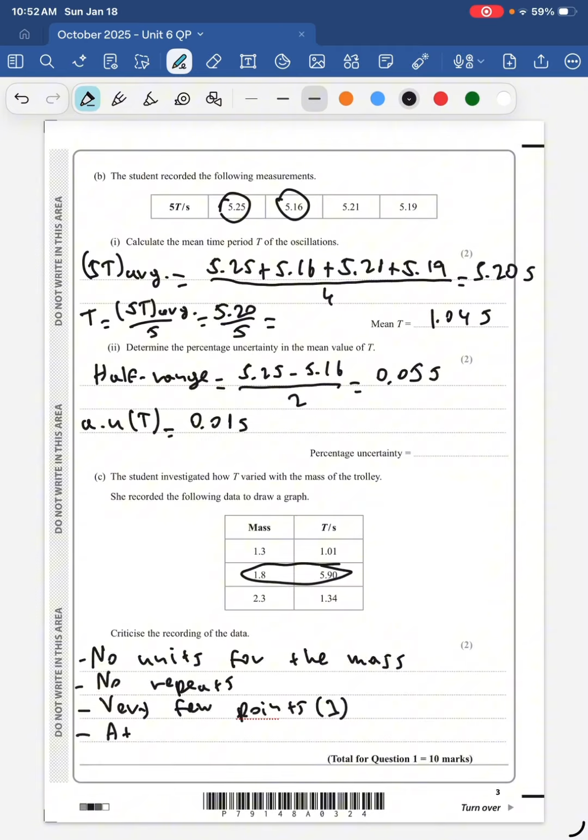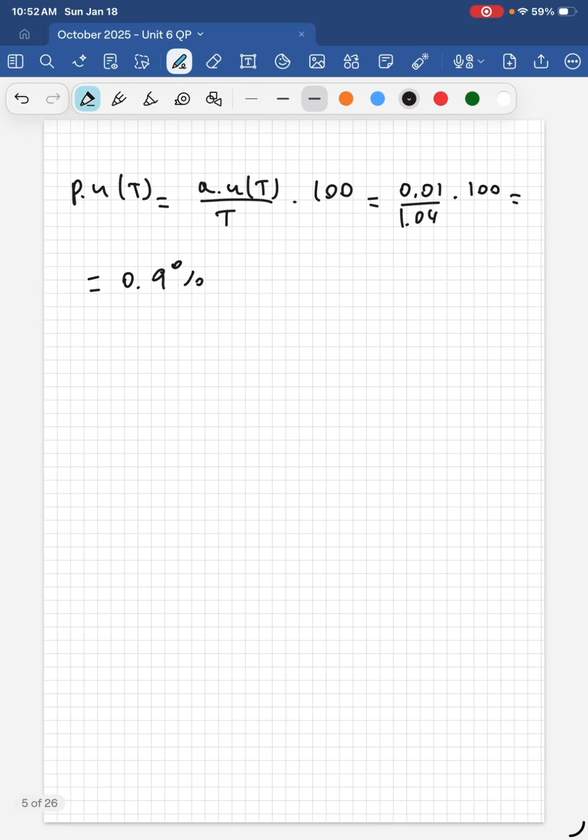So at the 1.8 measurement, T is too large. Okay, I'm gonna move to the clean page. Too large compared to the other two values.